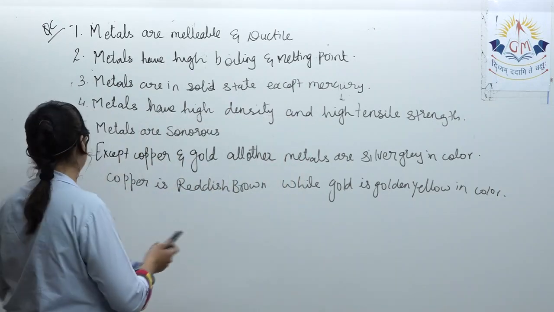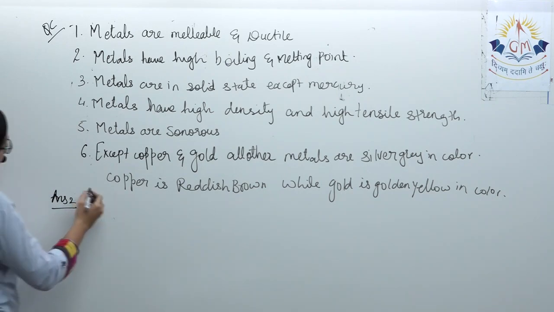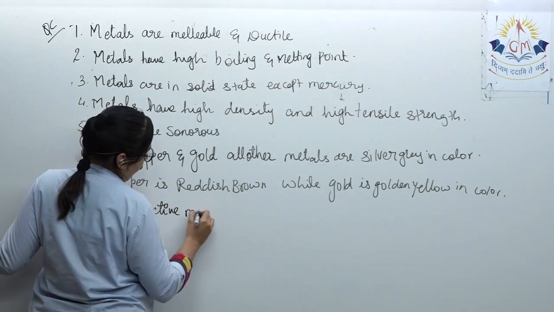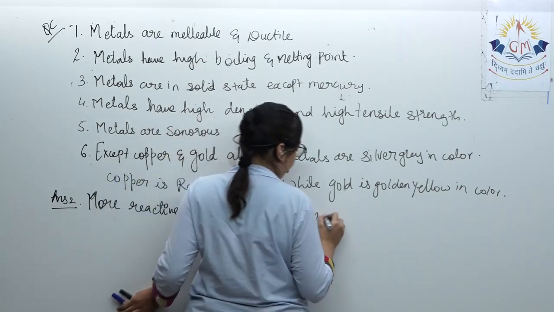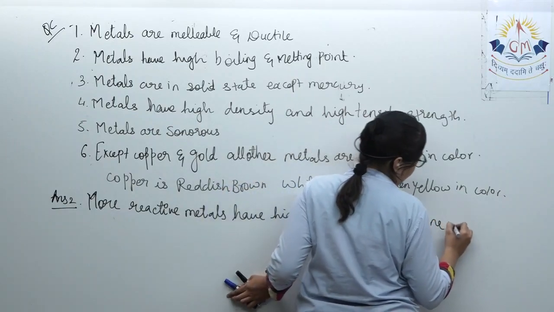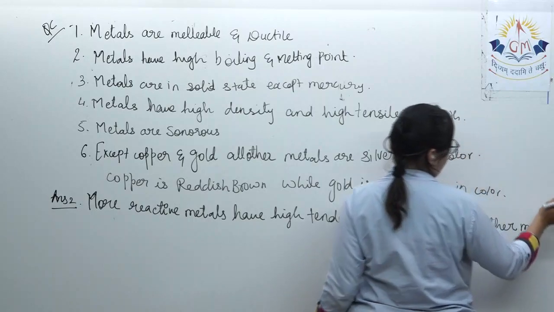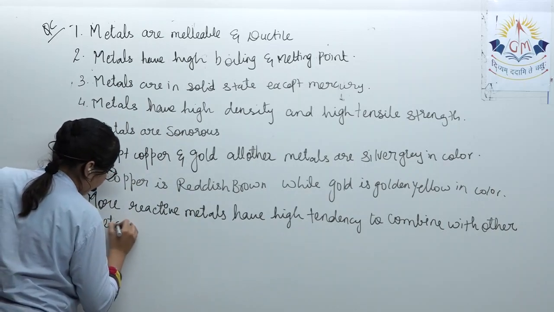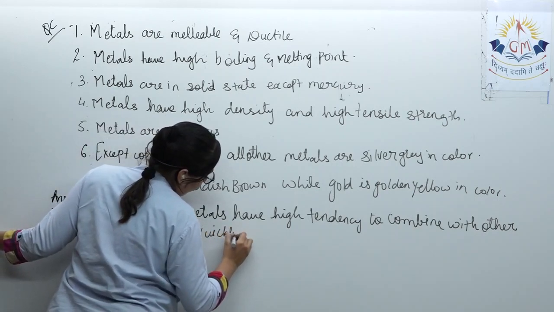So the second answer, more reactive metals have high tendency to combine with other metals, so they quickly form compounds.